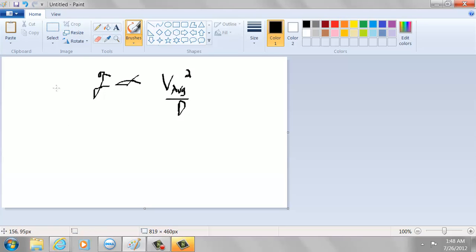It can also be proportional to delta x. Delta x multiplied by average velocity squared over d. Same thing.